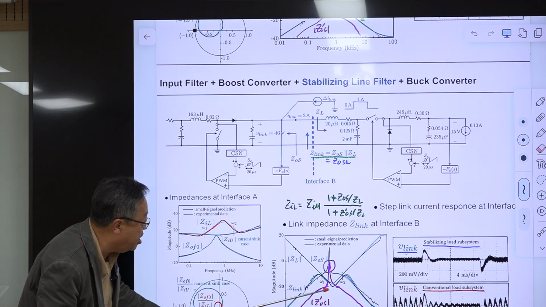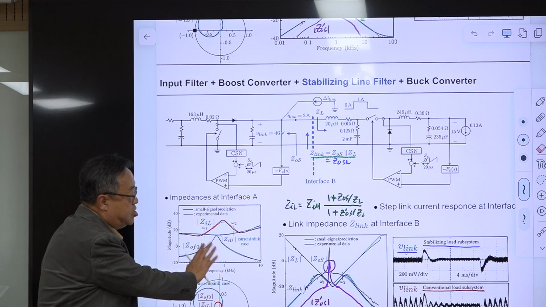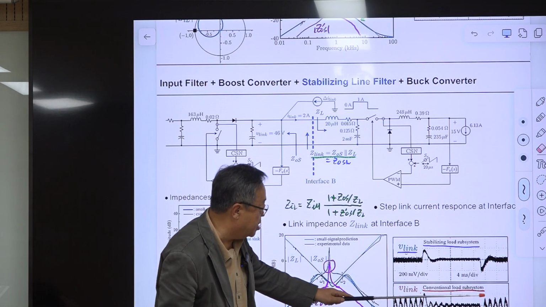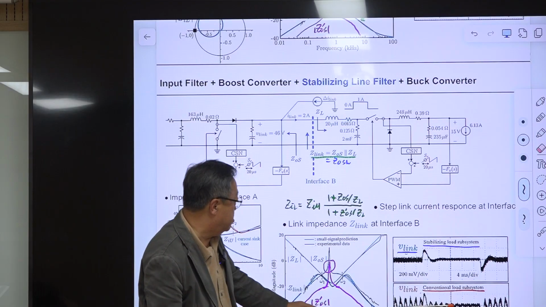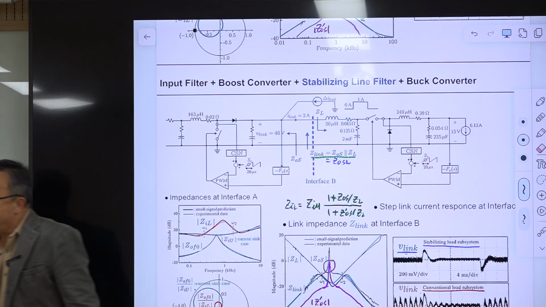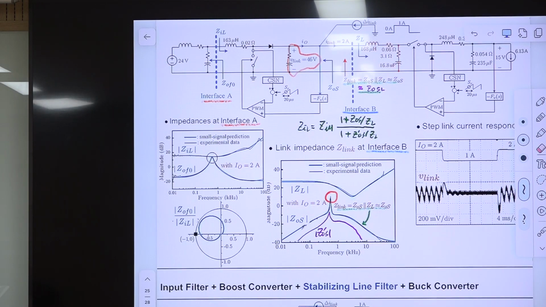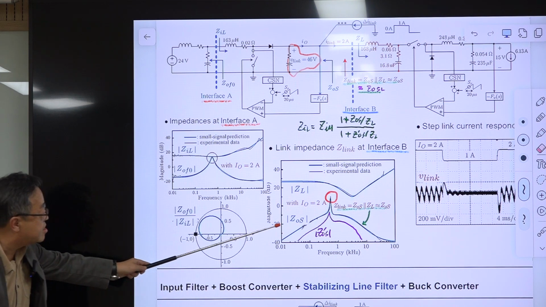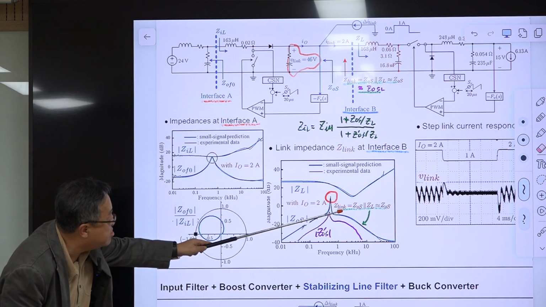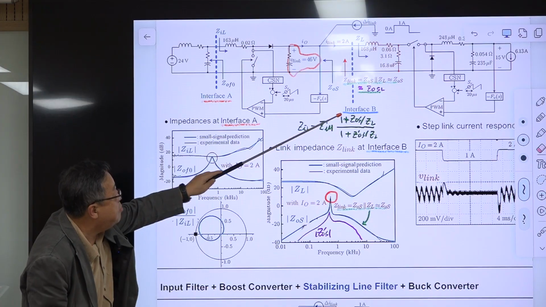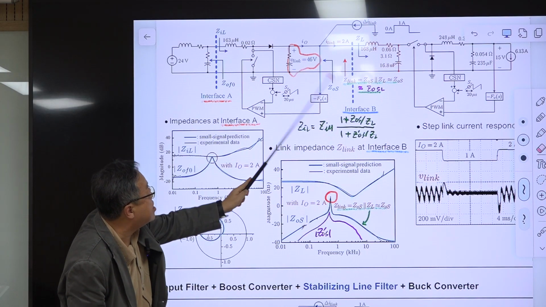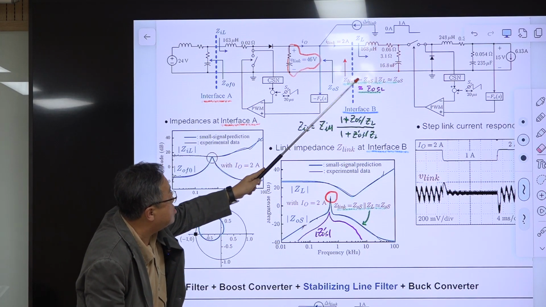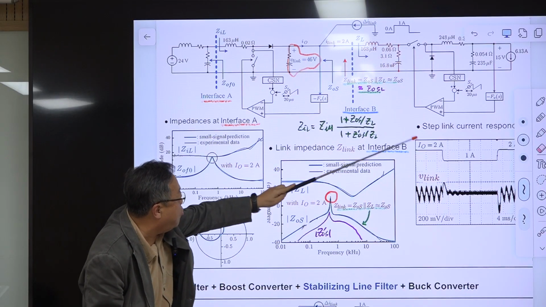So G link is this one, but this system is unstable. We have seen this. So GS is the same as G link. G link is the parallel combination of GOS and GL, but this guy is much smaller than the other one.